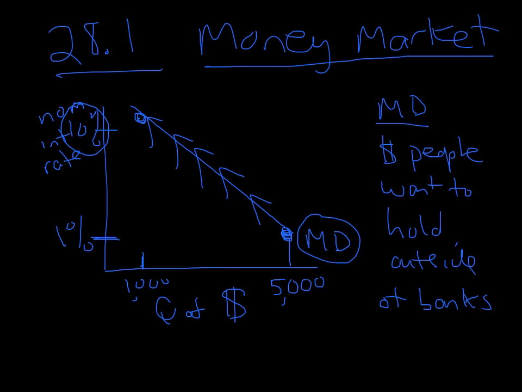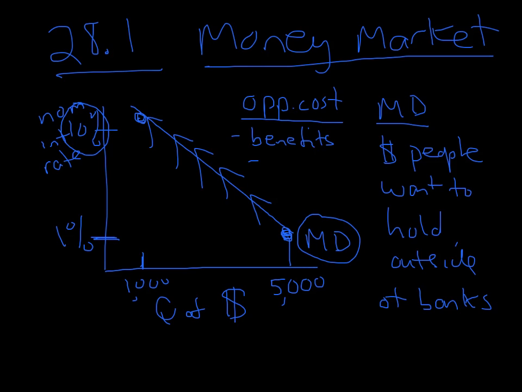So you can think of the money demand, what determines the quantity of money held outside the bank, it's really an opportunity cost. It's a cost-benefit analysis. You have some benefits of holding money outside the bank. For example, it's easier to make transactions. Cash is king. It's widely accepted everywhere.